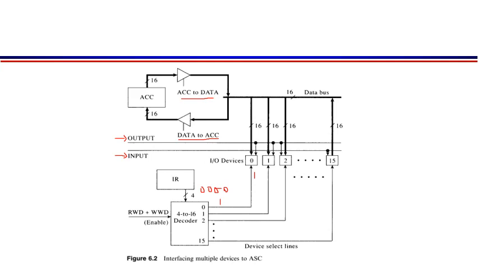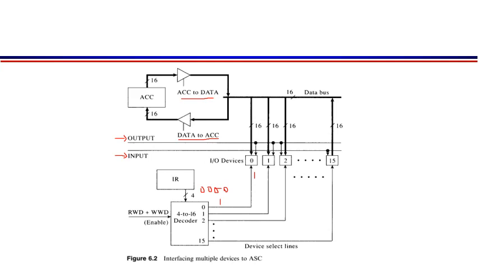Whenever accumulator sends data to the output device, the data flow will be in the downward direction, that is towards the device. And if devices want to transfer data to the accumulator, or devices are used as input, the direction of the data path will be upward.